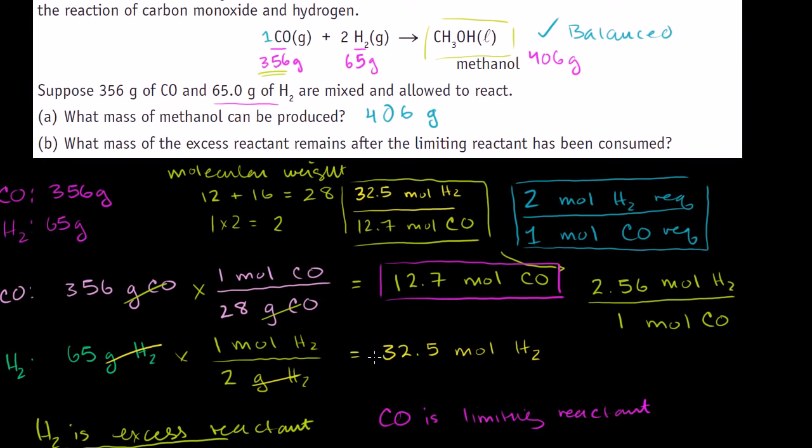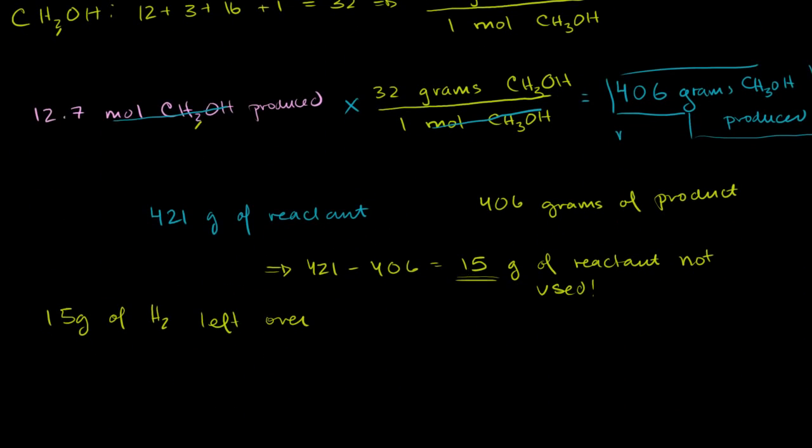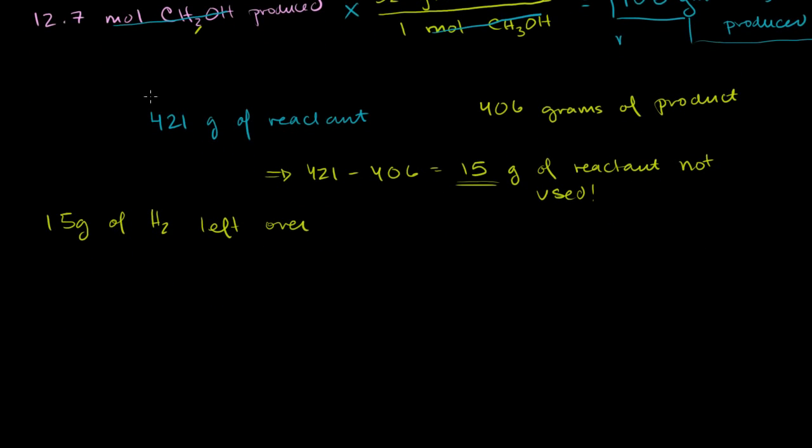You'd multiply it times the grams per mole, which is 2, and then you once again would get the same thing. You would get 15 grams. Let's do that. I just want to make sure you understand. So we are starting off with 12.7 moles of carbon monoxide, and we know that 2 moles of hydrogen are required for every 1 mole of carbon monoxide.